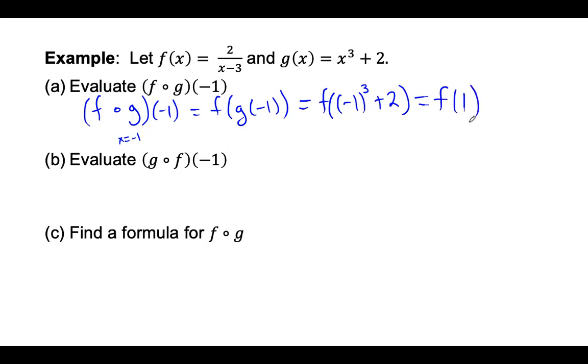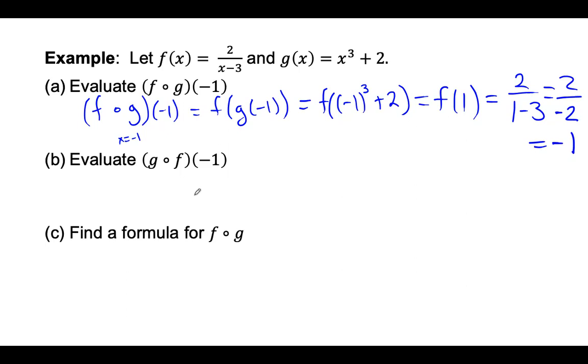Now we take this 1 and we plug it into F. So that is equal to 2 divided by 1 minus 3. And that's equal to 2 divided by -2, which is equal to -1. Okay, good. So that's our answer for part A.